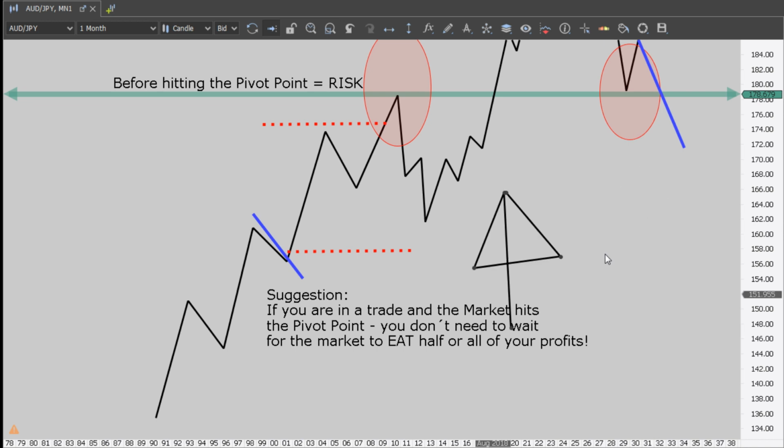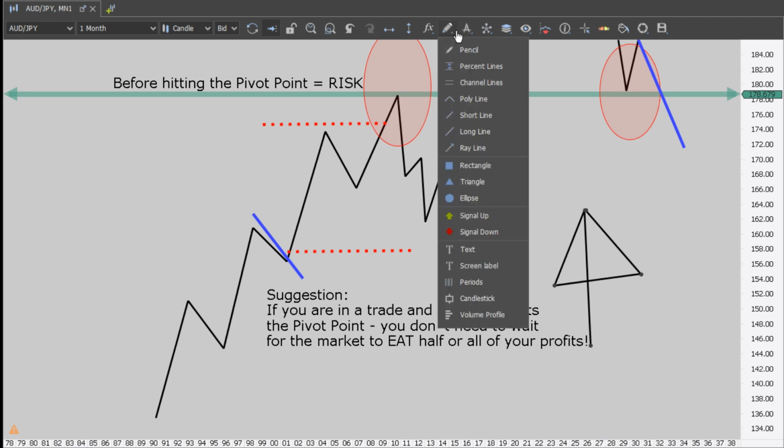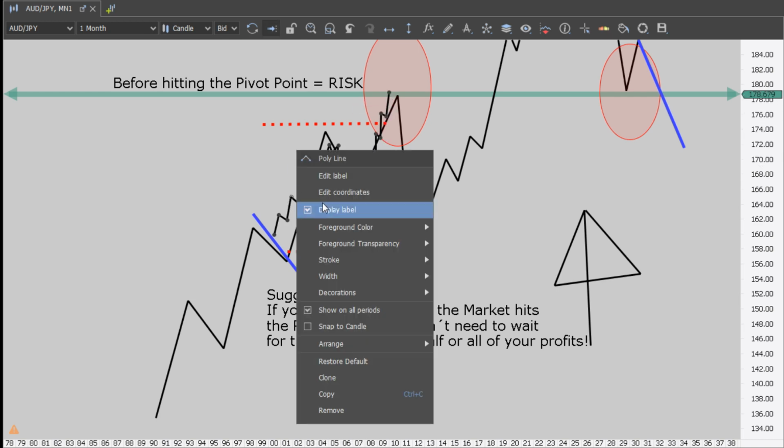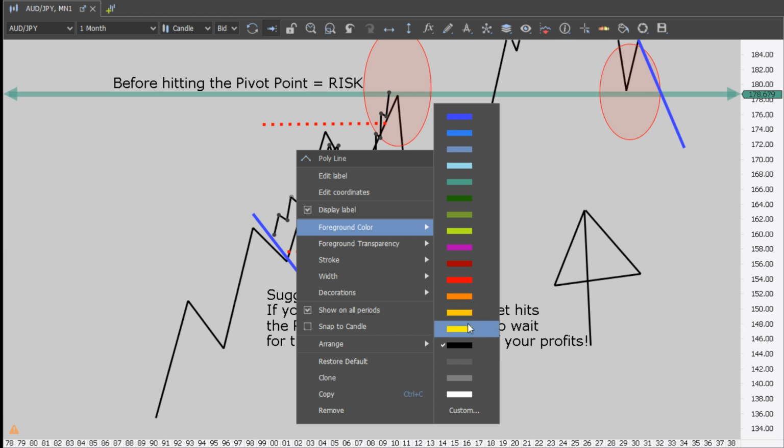Let's say that we entered here, now in the lower red line, and the market was making higher highs, higher lows on the smaller time frame, and then lower lows, lower highs, and then higher highs, higher lows again, and it touched the pivot point. Remember, pivot points are areas.